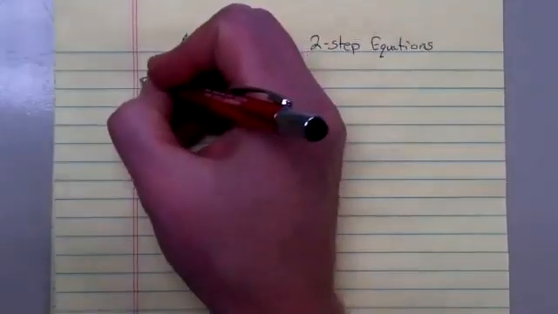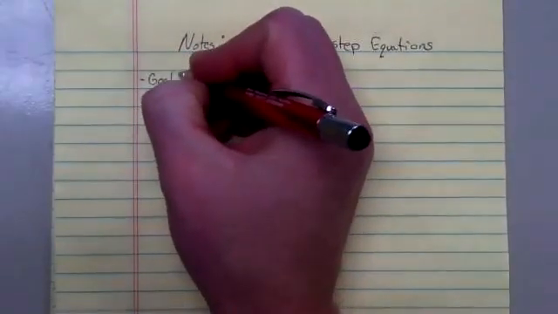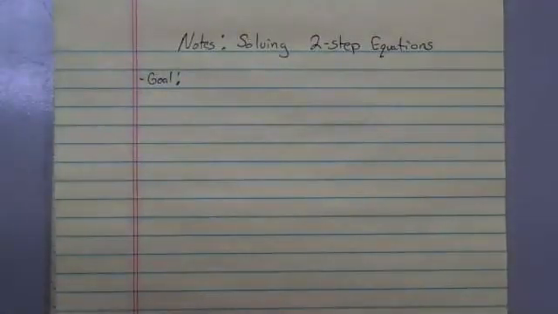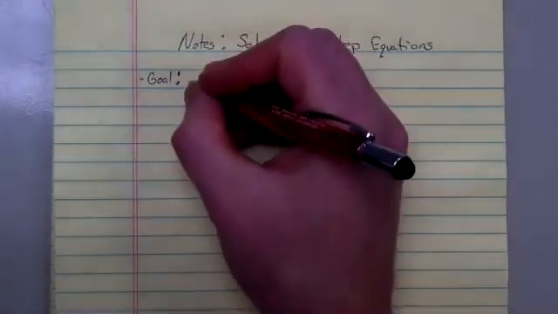So here, our goal, hopefully you're catching the trend. We're setting goals when we're solving equations because we want to figure out what our end product is. What are we trying to do?